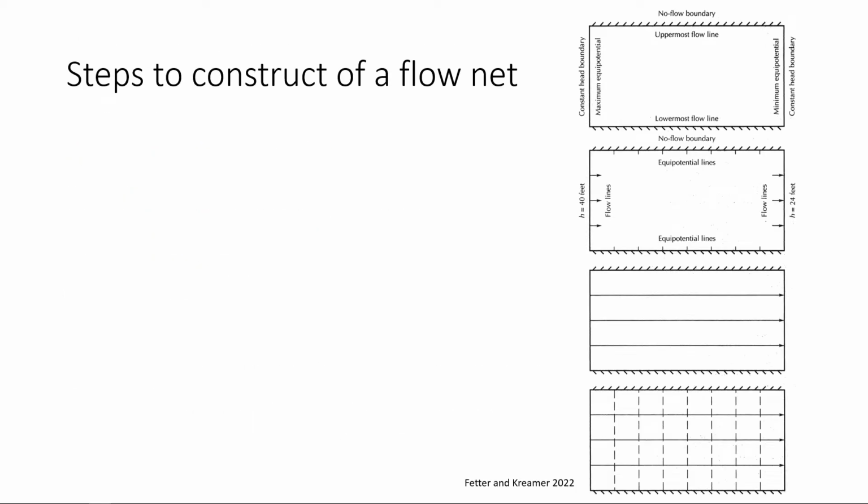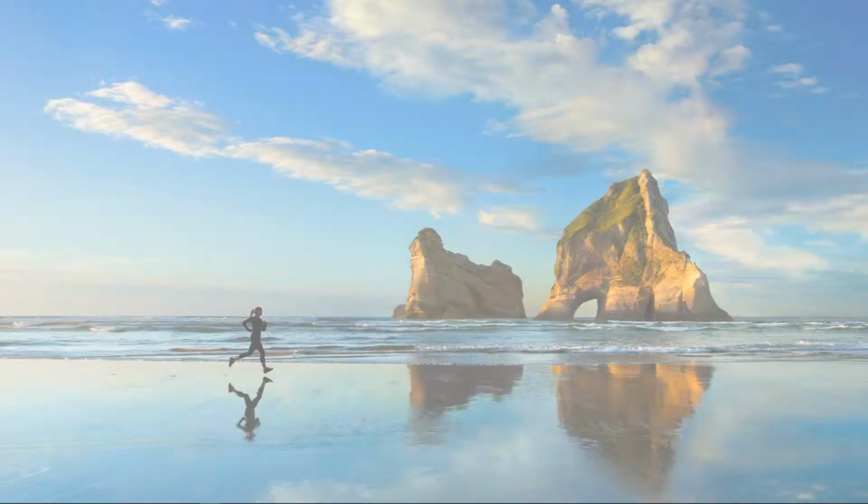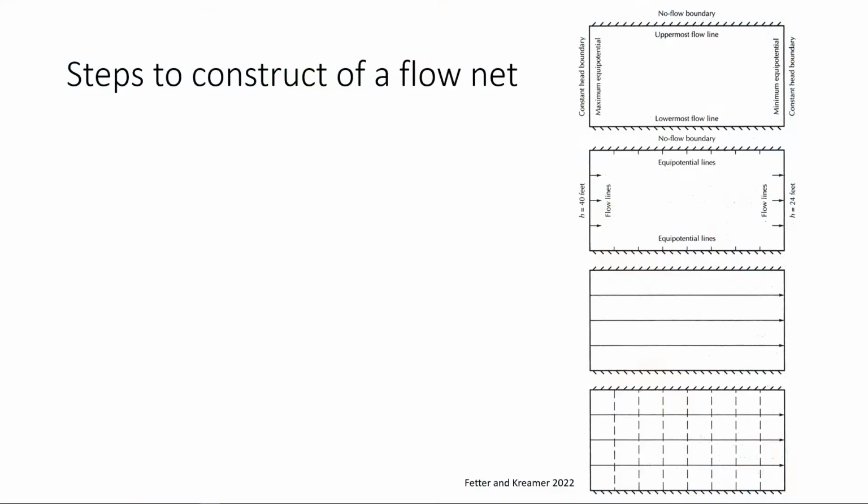Okay, so what are the steps to construct a flow net? The first step would be to identify and draw your boundary conditions. What you can see here, this is a constant head boundary.